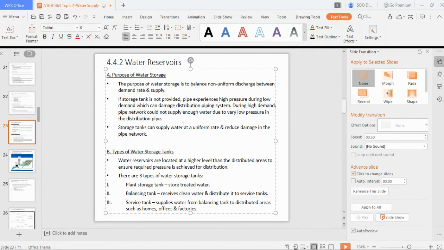If the water storage tank is not provided, the pipe will experience high pressure during low demand, which can actually damage the piping system. And then during high demand, if you are not able to supply enough water for everyone to use, there will be low pressure in the distribution pipe.